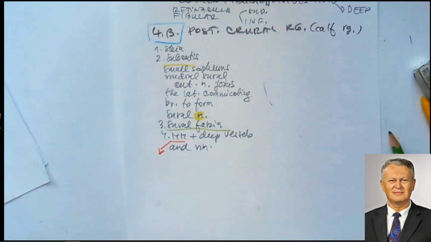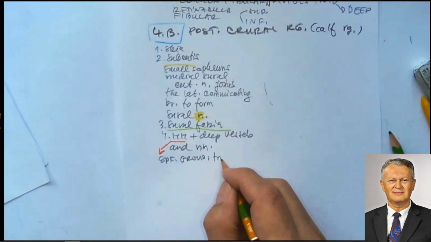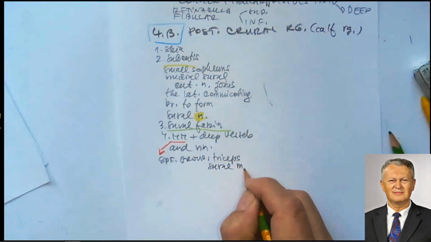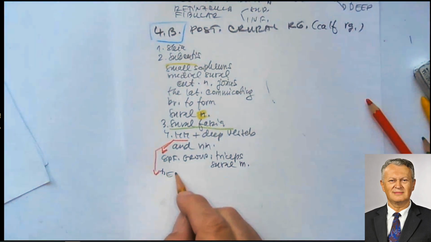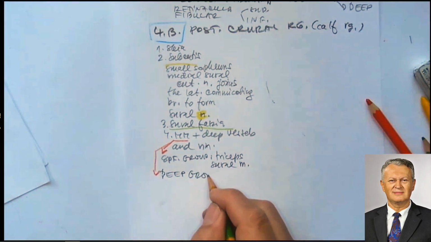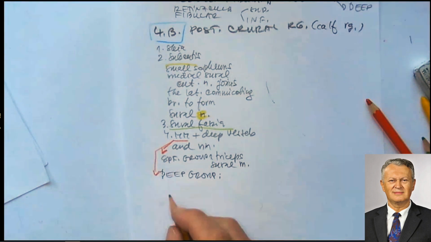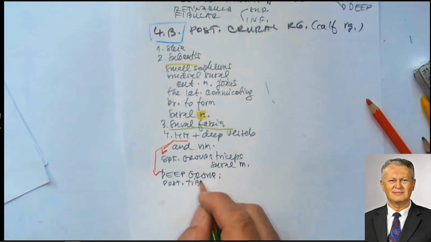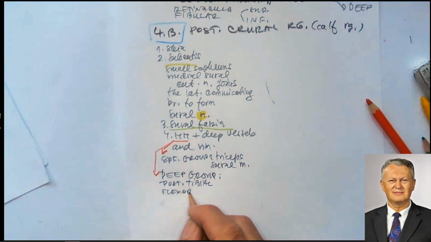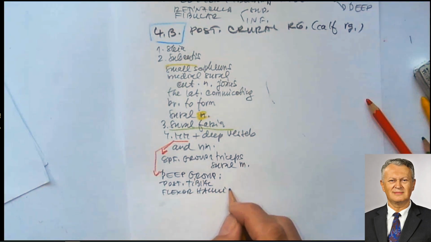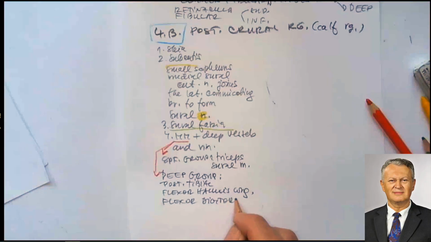There is the superficial group of the muscles, which is represented by the triceps surae muscle, and the second one is the deep group, separated by the lamina, and the deep group consists of the long muscles, that means posterior tibial, then flexor hallucis longus, and flexor digitorum longus.